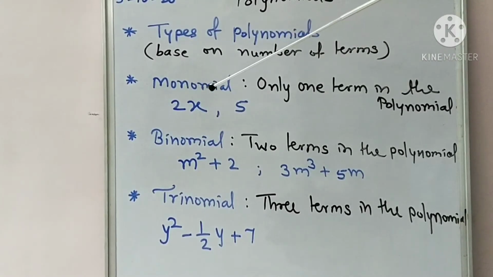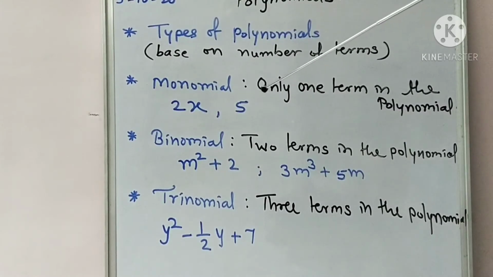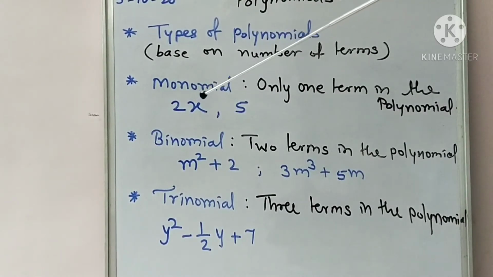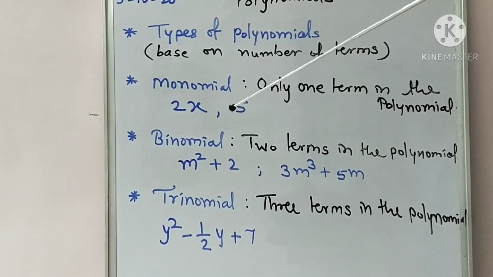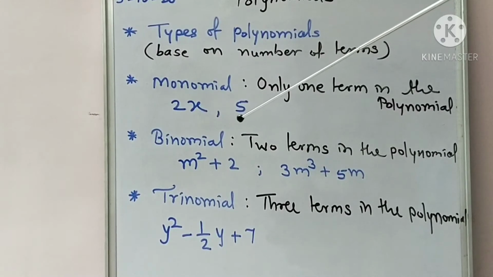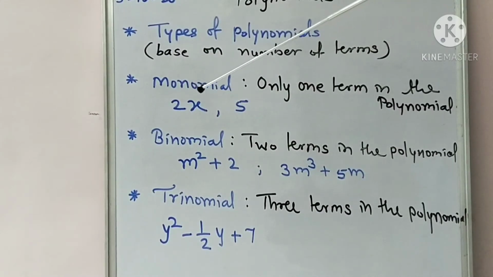Monomial, mono means what? If there is only one term in the polynomial, then that polynomial is known as a monomial, like 2x, only one term is there, or the constant 5 is also a monomial.